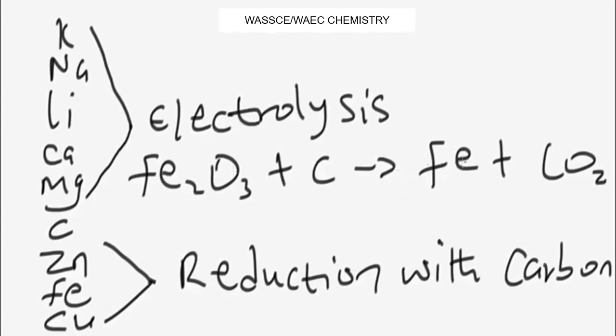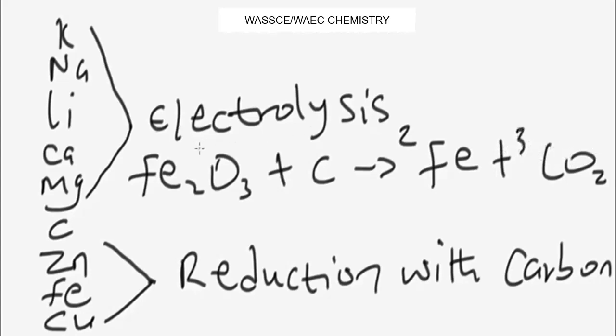Very important, guys. To balance this, for iron, we have 2 atoms of iron at the left, we have 1 at the right. So if you add 2 here, iron will not be balanced. Let's balance oxygen. Oxygen, we have it 3 at the left, 2 at the right. So to balance oxygen, let's say we add 3 here.